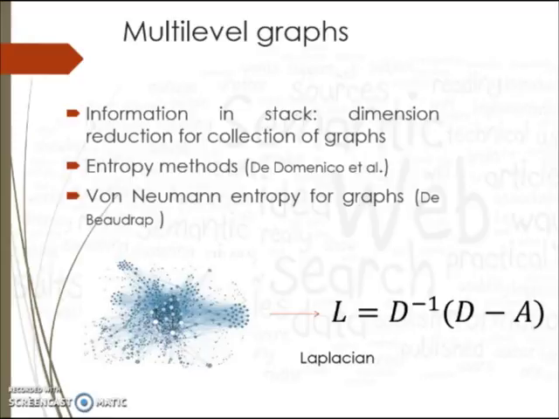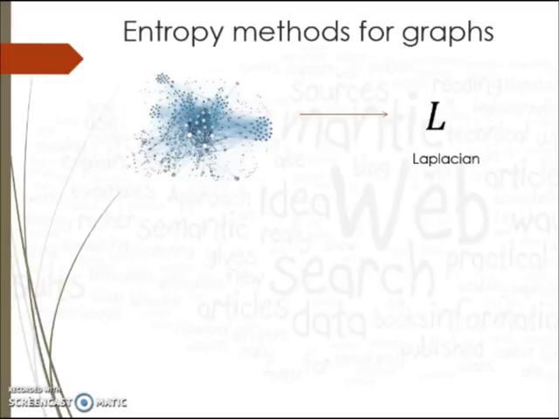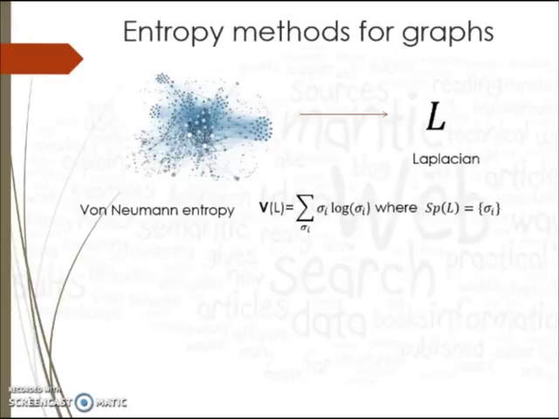We'll call this the Laplacian. And once we have this structure, the von Neumann entropy is defined as the entropy over the spectrum of this matrix associated to the graph. This von Neumann entropy will be small if there's no mixture.